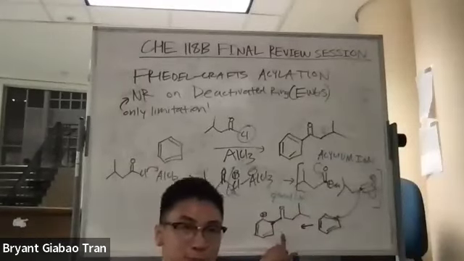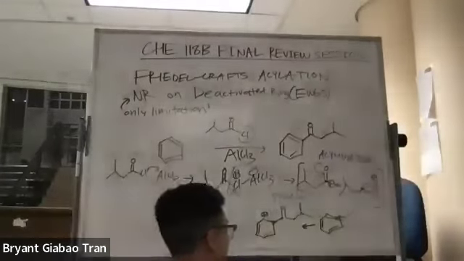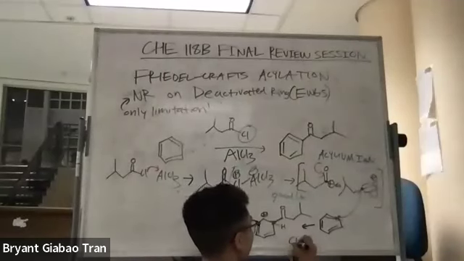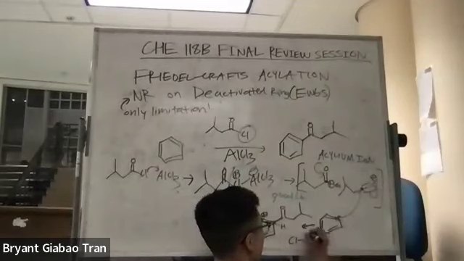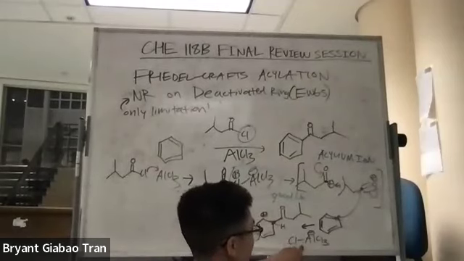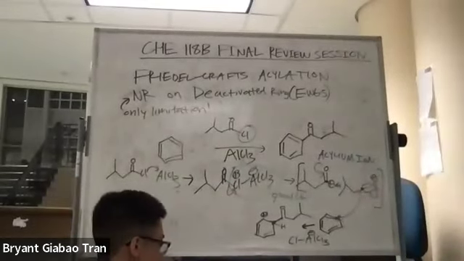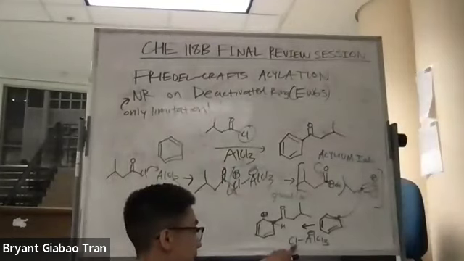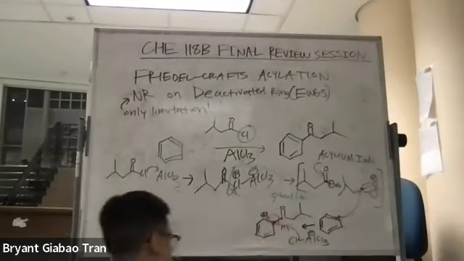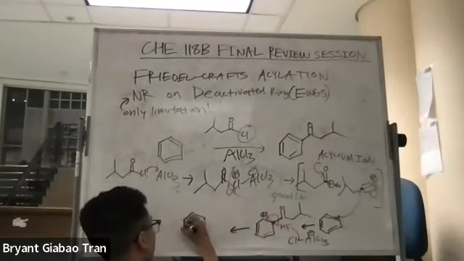Now we broke the aromatic ring. To restore the aromaticity, deprotonate this alpha hydrogen with this base, the good leaving group that left. This chlorine is now neutral because it only has one bond. The aluminum still has a negative charge because it has 4 bonds. Think of this as a negatively charged chlorine that's going to attack the H and remake that double bond, which will restore the aromatic benzene ring.